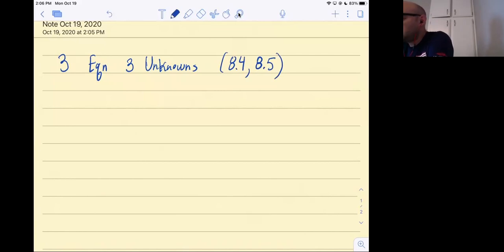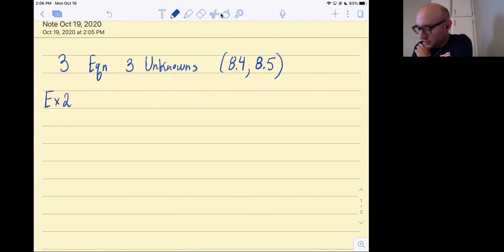Let's do one example. Yes, let's do example 2 on page 532. So this is 8.4, example 2 on page 532.